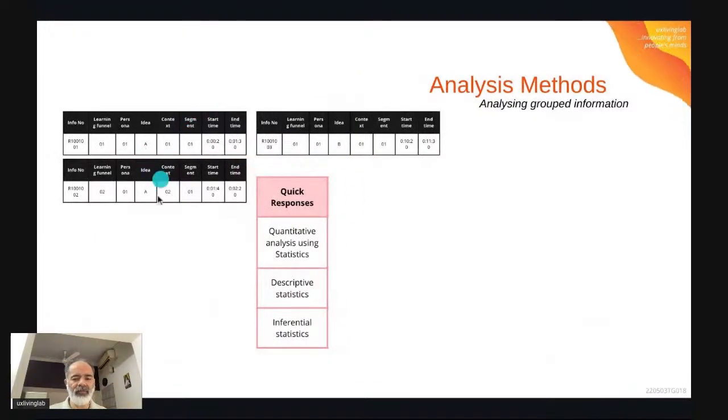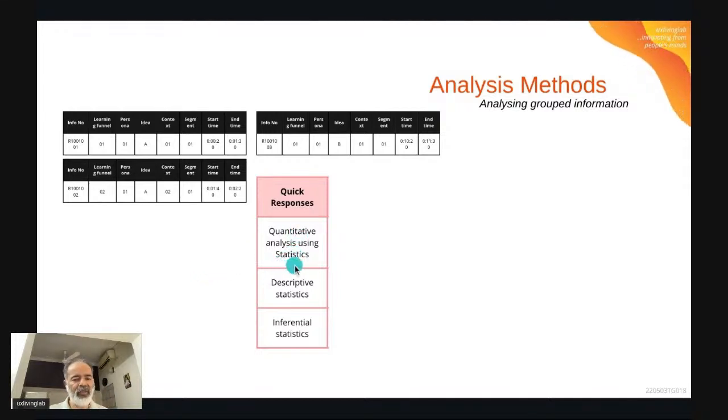Then after grouping, again you have to analyze that group, because you merge or club data based on, for example, A. So you have to analyze based on that grouping. We already did that grouping. Then take the quick responses. So how to analyze the quick responses of that group?